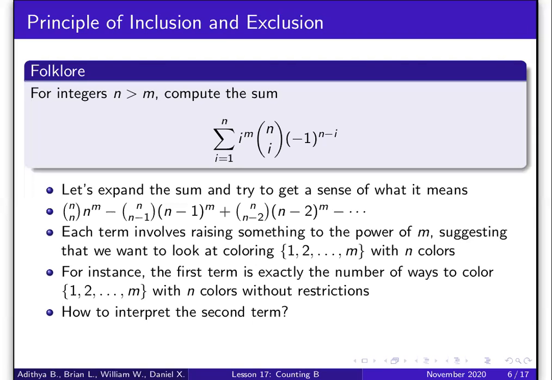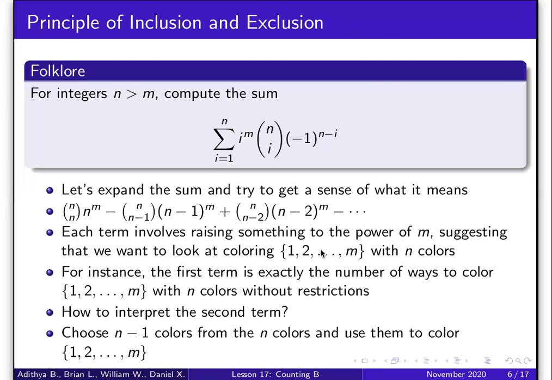The first factor, n choose n minus 1, is the number of ways to choose n minus 1 elements from a set of n elements. And the second one is just n minus 1 to the m. What we can do here is, out of the n colors we have, first choose n minus 1 of them. Then from this set of n minus 1 colors, we can color 1 through m. So there's clearly n choose n minus 1 ways to choose the colors. And then since there are n minus 1 colors, the number of ways to actually carry out the coloring is n minus 1 to the m.